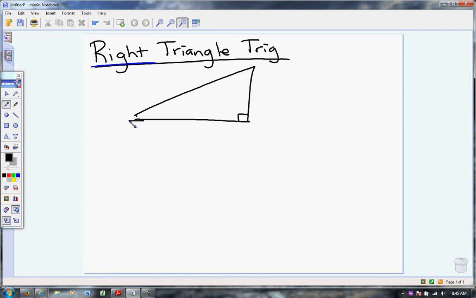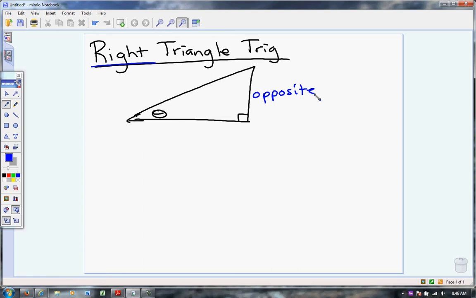And one of the things that we have to do right away is get used to this letter theta. Theta represents an angle. So if that is my angle theta, then this side directly across from it is what we call the opposite side.